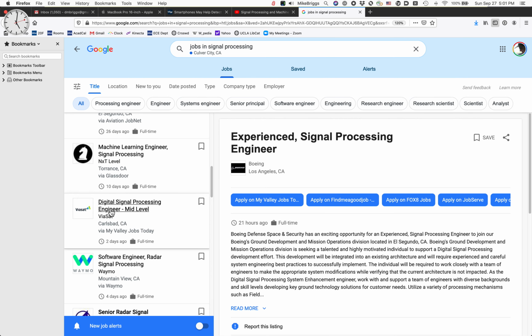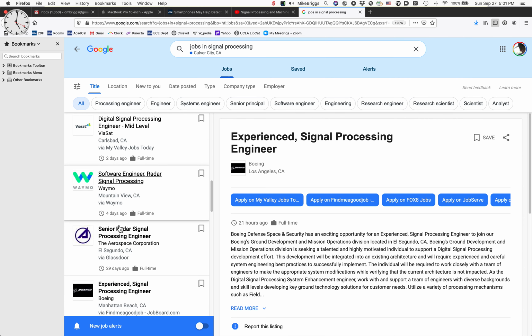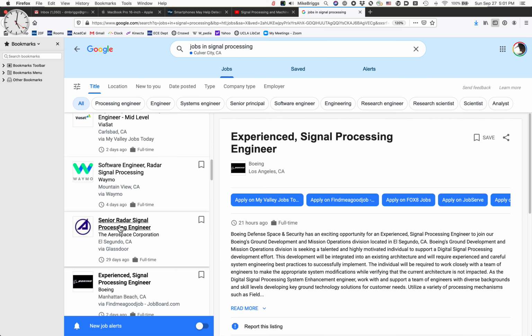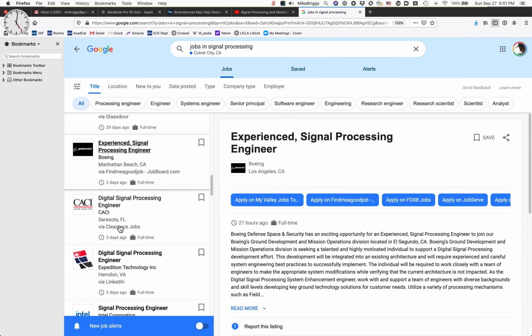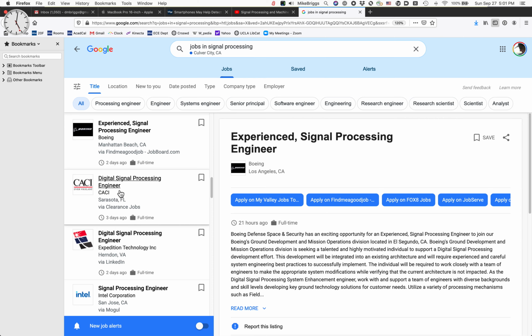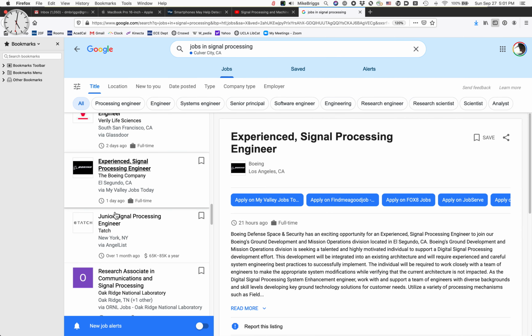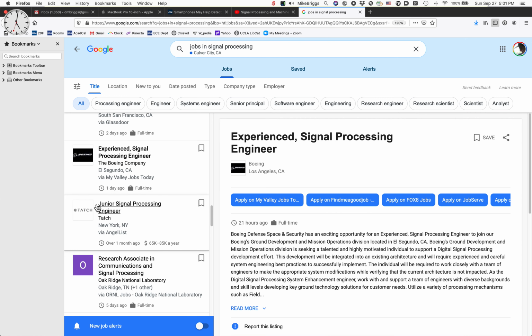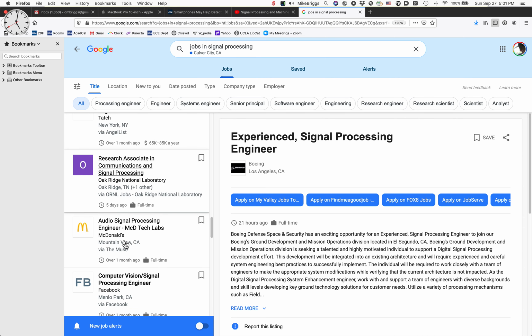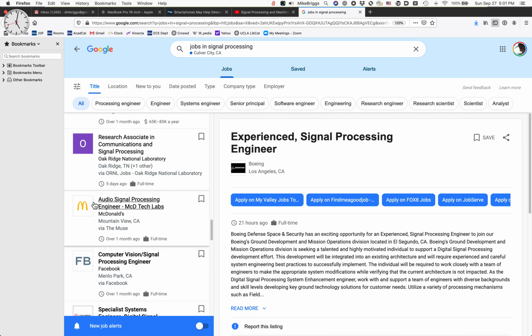So here's one, mid-level at Viasat. That's down in the San Diego area, Carlsbad. Software engineer for radar, senior radar signal processing, so experienced digital signal processing engineers. Here's a junior signal processing engineer in the city of New York. Whoa. Okay, here's McDonald's wanting an audio signal processing engineer.